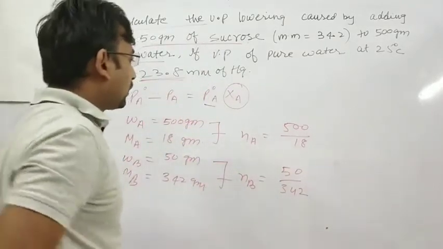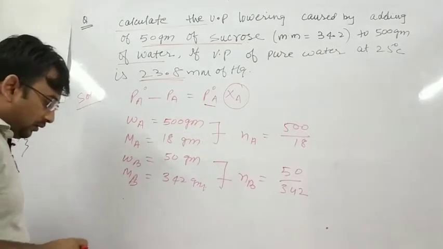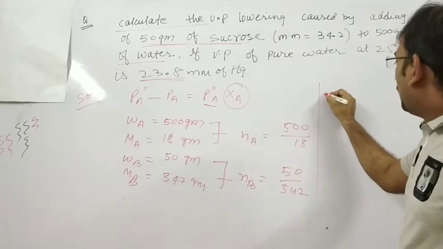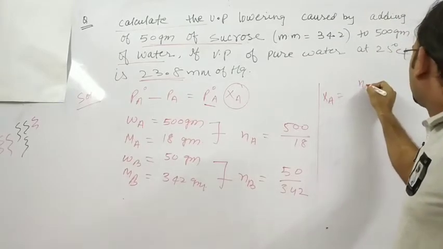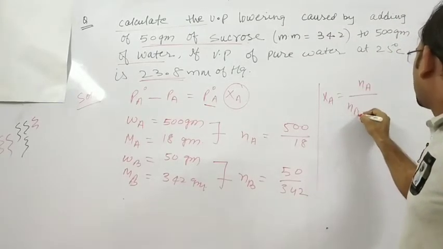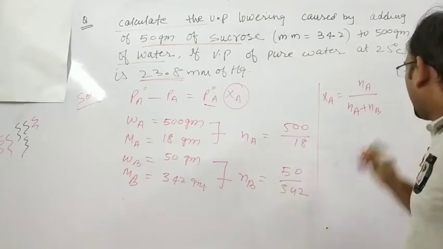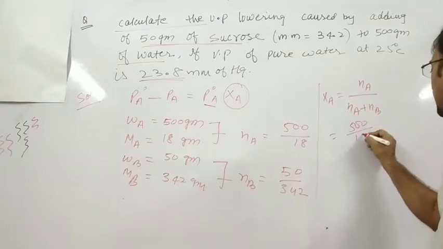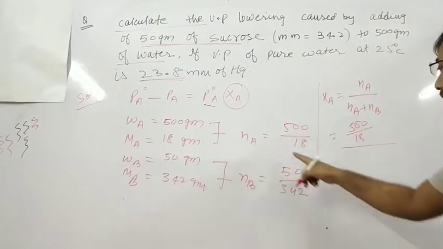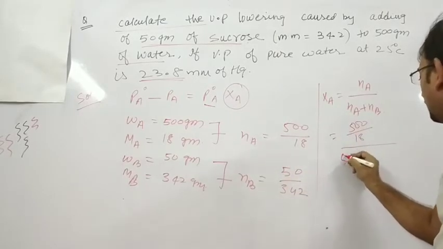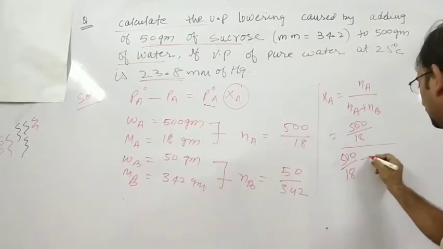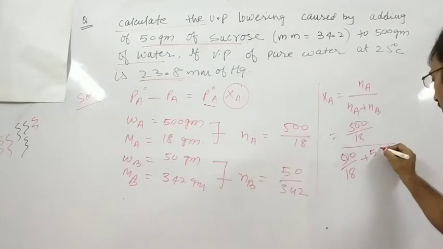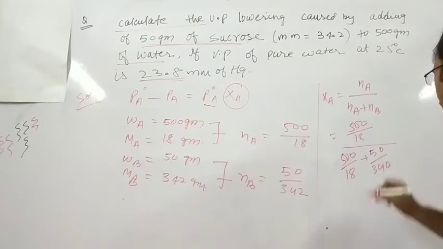Now, if we have to calculate mole fraction of A, so mole fraction of A is equal to moles of A divided by moles of A plus moles of B. Now put the value. Moles of A, 500 by 18, plus moles of B, 50 upon 342.